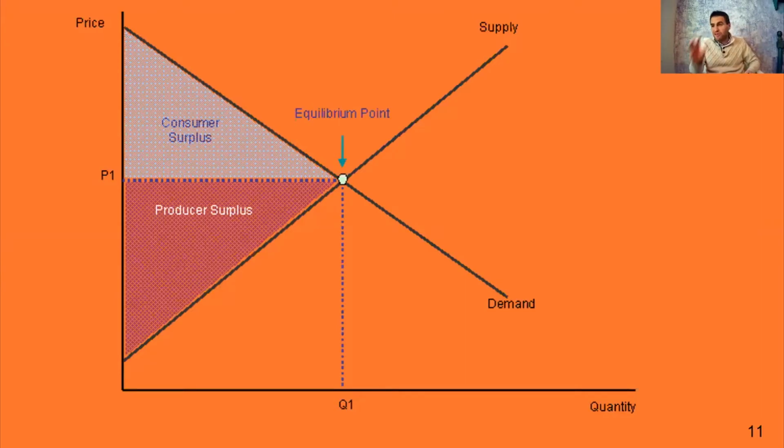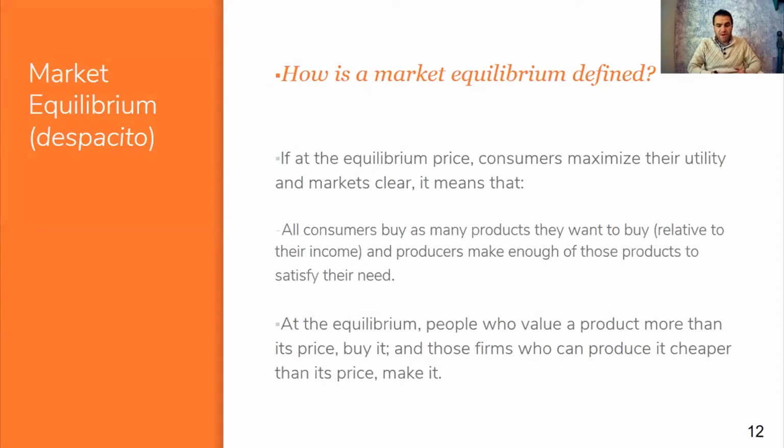And the producer surplus is essentially the profits made by those firms for all of those completed transactions. Therefore, when you want to have markets clear, essentially what you imply is that all of the consumers that are willing to pay this amount of money, the equilibrium price, for this product can actually find a unit of that product in some store and buy it.